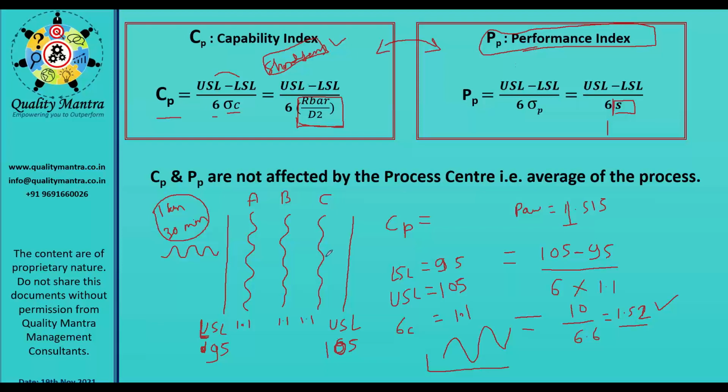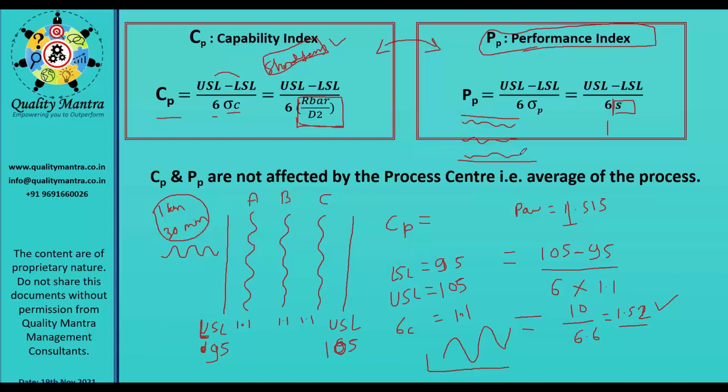Got it? And as you can see here, PP and CP are not affected by the process centering. Wherever you are running, for example, when you plot a control chart, आप जब control chart बनाते हो, now your process is running here, or here, or here.